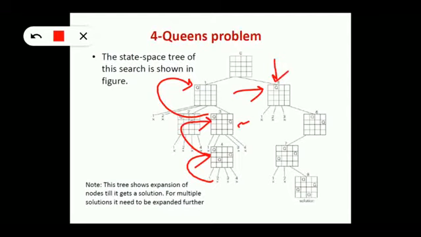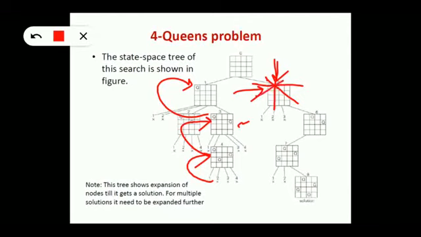So once we put queen 1 on the first row, second column, then we cannot place queen 2 either on the first row or on the second column, nor can we place her on the diagonal, as queen 1 may attack.